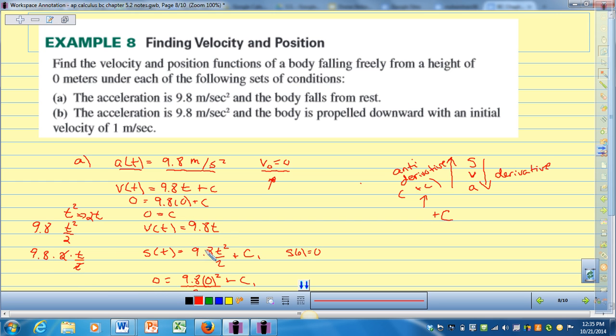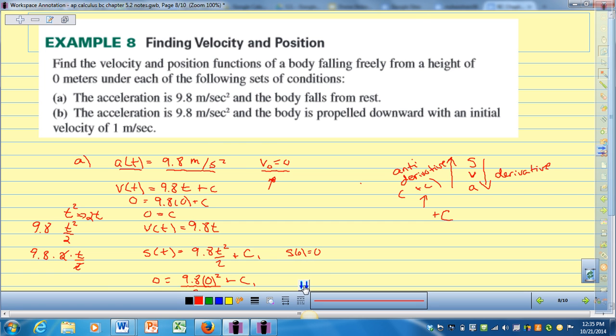So I must have started with 9.8 t squared over 2 plus some other constant. This time I've named it c1. And that is my general solution to the position function. And again, it tells us that the body is falling freely from a height of 0, so our initial height is 0, so s of 0 equals 0.